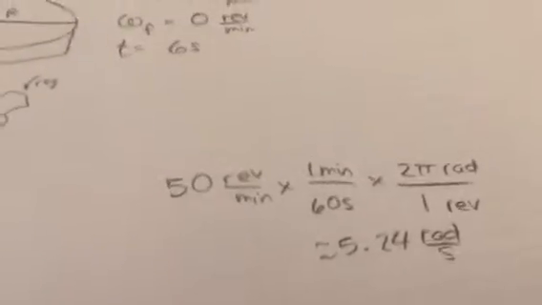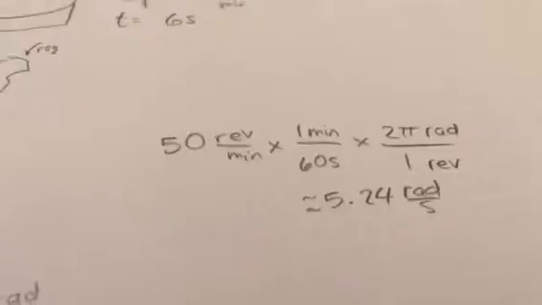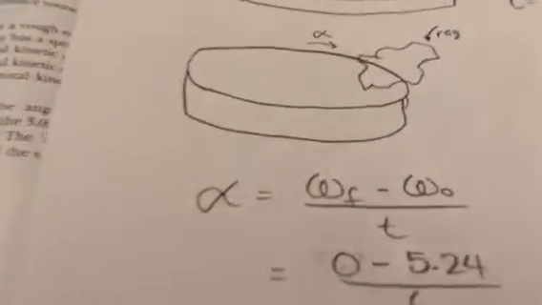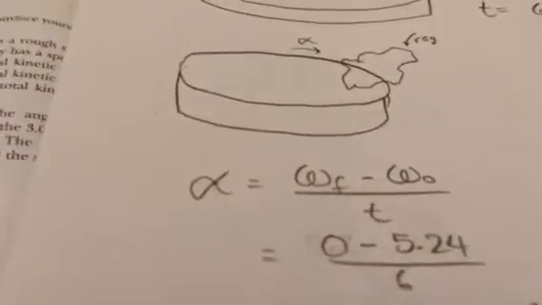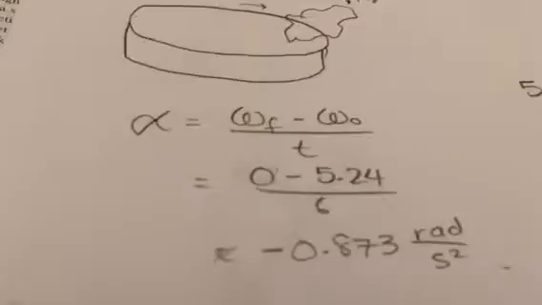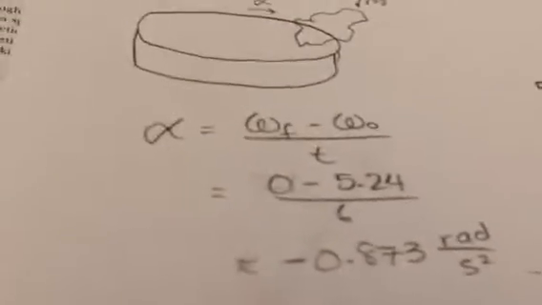Using some dimensional analysis, we get approximately 5.24 radians per second. Since the final angular velocity is 0, we get a negative angular acceleration, approximately negative 0.873 radians per second squared.